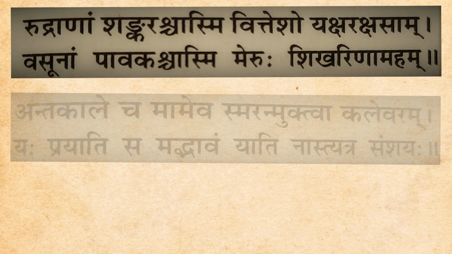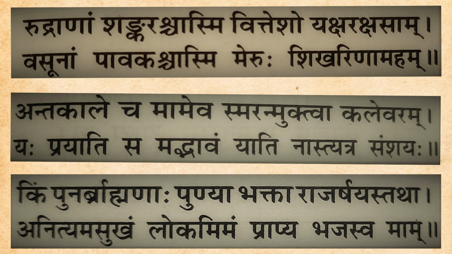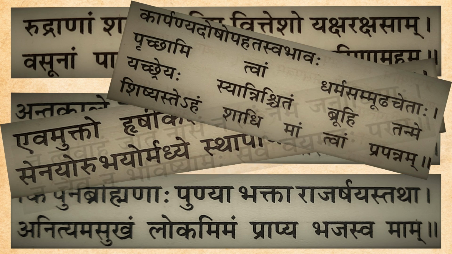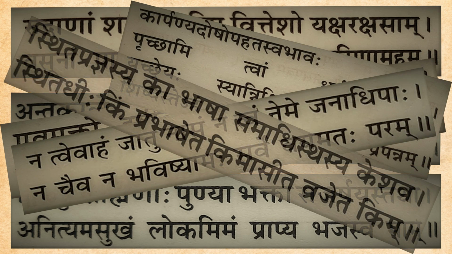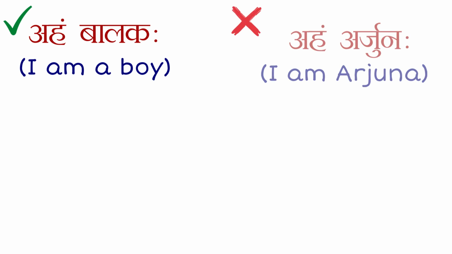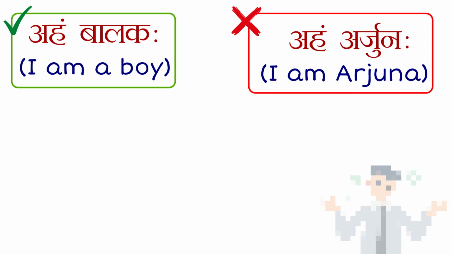Now you can check all the authenticated scriptures. You will see Anuswar in the middle, but at the end there will always be the halant ma if the letter has Anuswar. There is one more situation where you have to use the halant ma instead of Anuswar. Aham balakaha, that is I am a boy, is the correct way, but if I write aham arjunaha, then this is wrong.